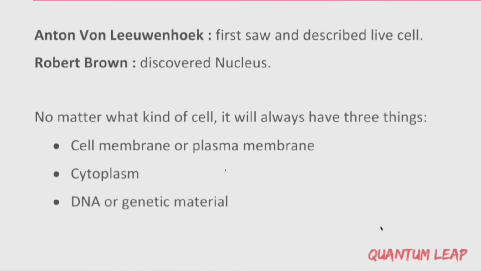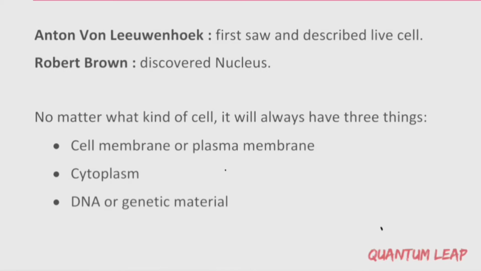There was a scientist named Anton van Leeuwenhoek. He first saw and described a live cell. Then Robert Brown later on discovered the nucleus. Also, the first cell that was discovered was by Robert Hooke, though he discovered a dead cell.